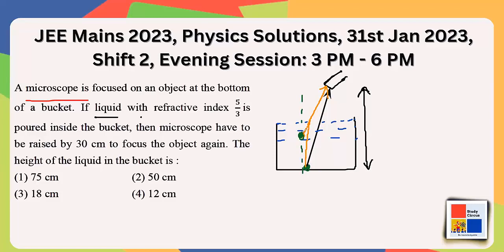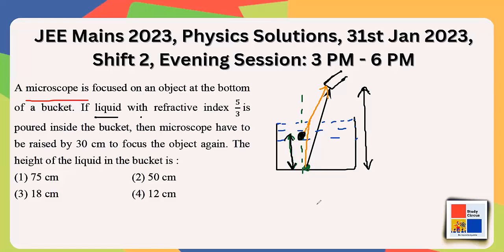So this is the apparent position of the object now. This is the change that has occurred due to the pouring of that liquid. Apparently the object is lifted by this height.